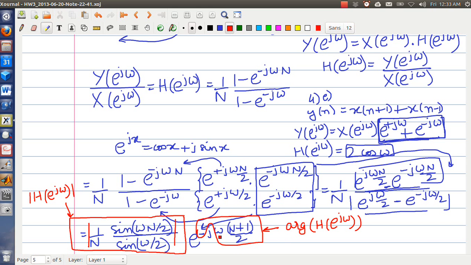Now this is only half of the phase. You remember to do this plus pi times u of minus, what's the real part of this?